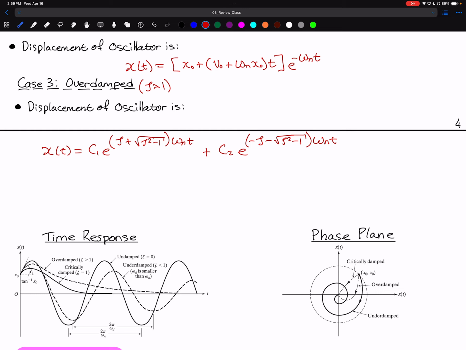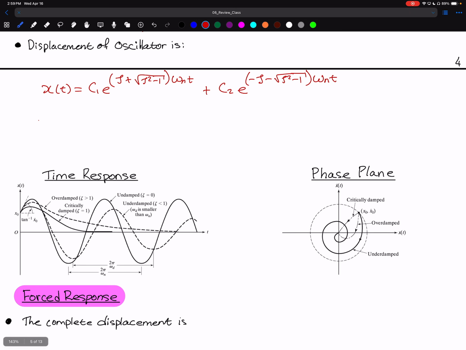And then here, the C1 is equal to a big fraction with x0 omega n times the quantity zeta plus the square root of zeta squared minus 1 plus v0. Then all that divided by 2 omega n times the square root of zeta squared minus 1.